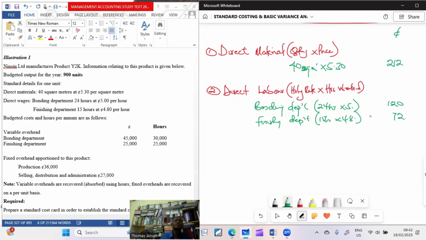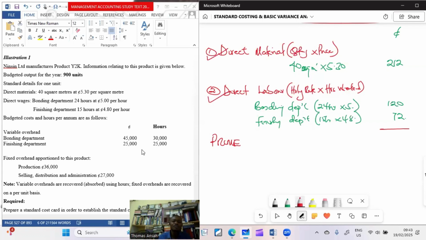Usually you should have something like direct expenses, but we don't normally get those things like royalties and all those things. All right, but so straight away, if you add all these things together, you will have what we call the prime cost.